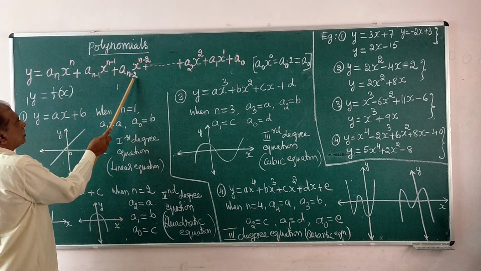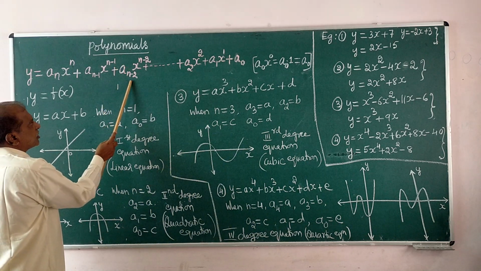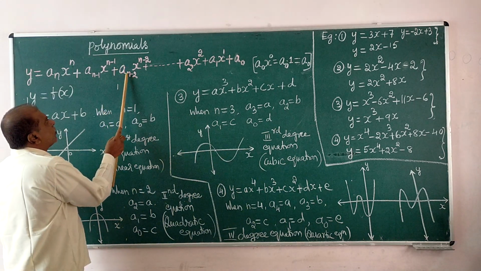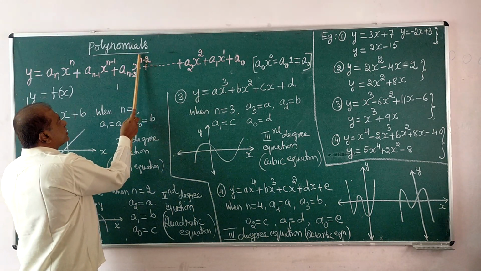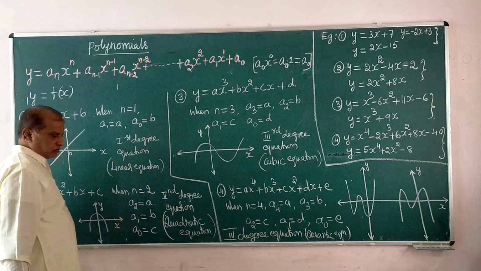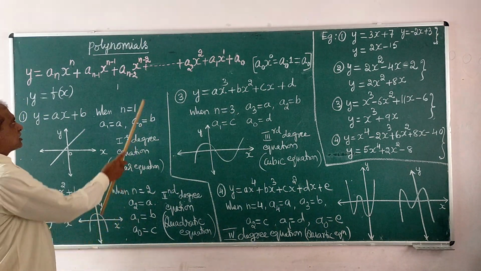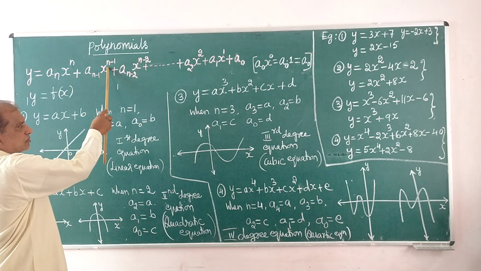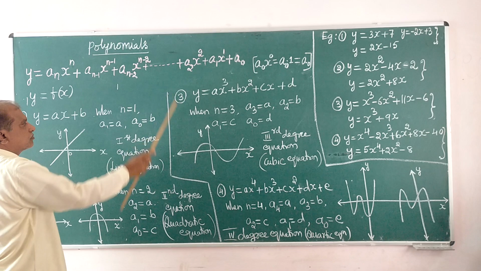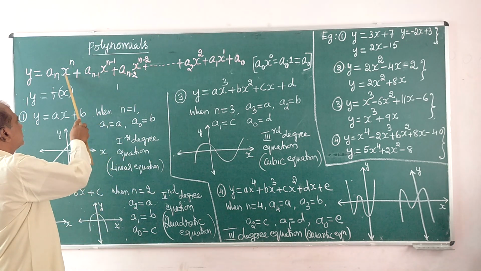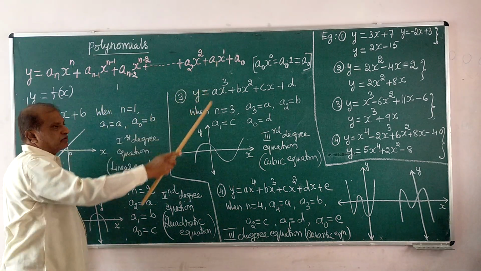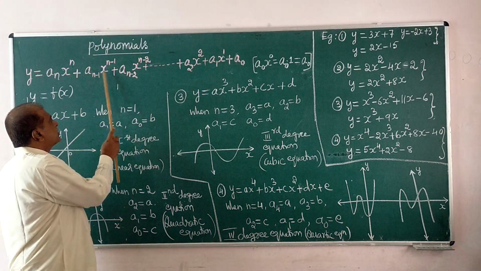Next term: the coefficient is a_(n-2), the coefficient of this variable, x to the power of n-2. N-2 is the exponent, and this exponent is less than the previous one. The variable is always the same, x. The exponents are different. Coefficients are different.